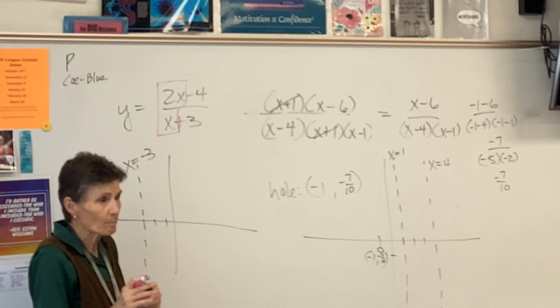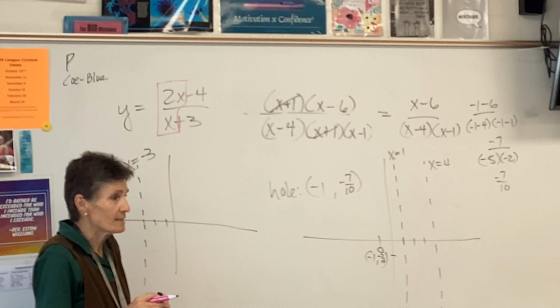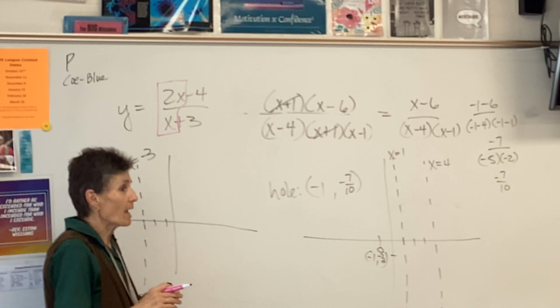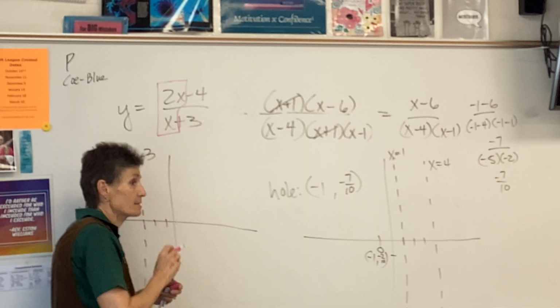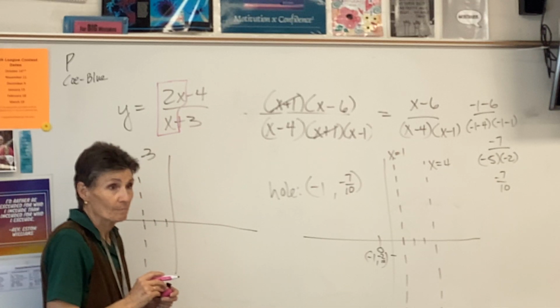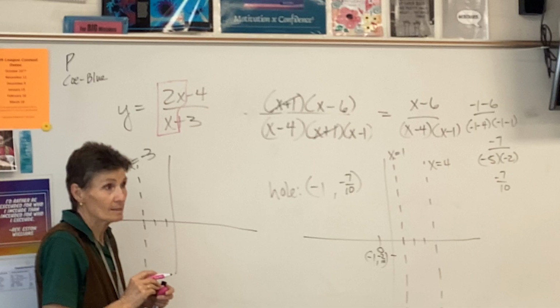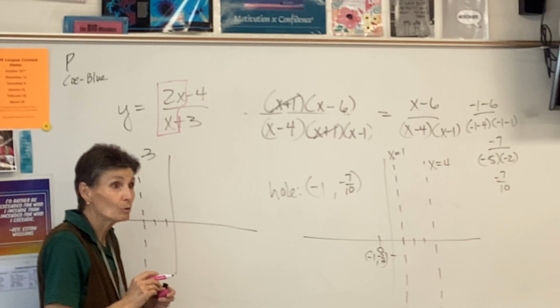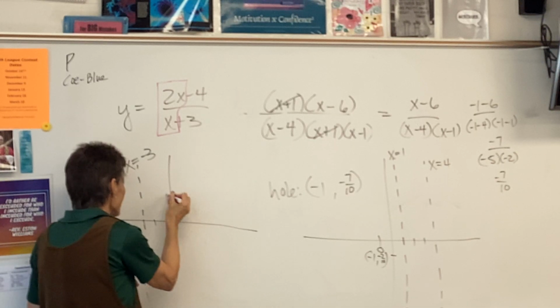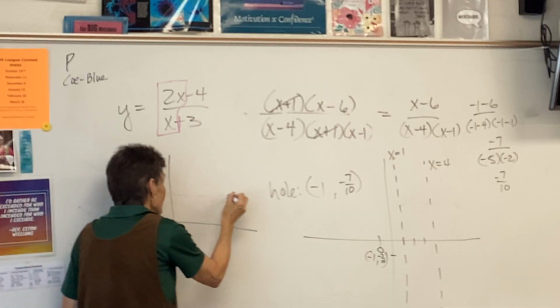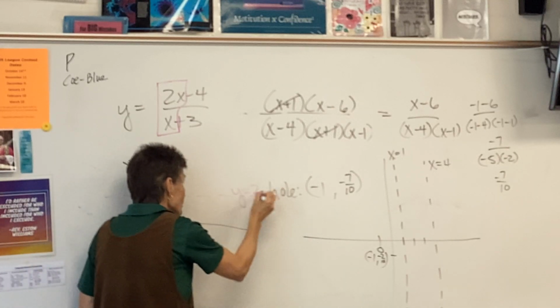Forget about the rest of the problem, just box in the x's. So now I have 2x over x, which is 2. So your horizontal asymptote is at y equals 2.